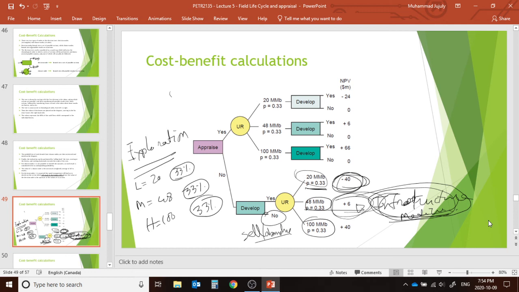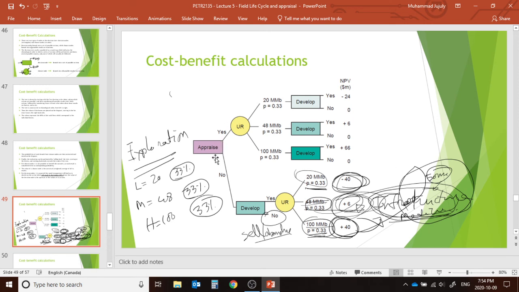However, there is another 33% chance that with the same infrastructure you might get 100 million barrels and get more profit, like 40. So for instance, here you made the infrastructure to handle an oil capacity of like 50 million barrels. So it can still process like 40 million barrels, and you can make more profit. In this case, you have earned a lot of profit in here.